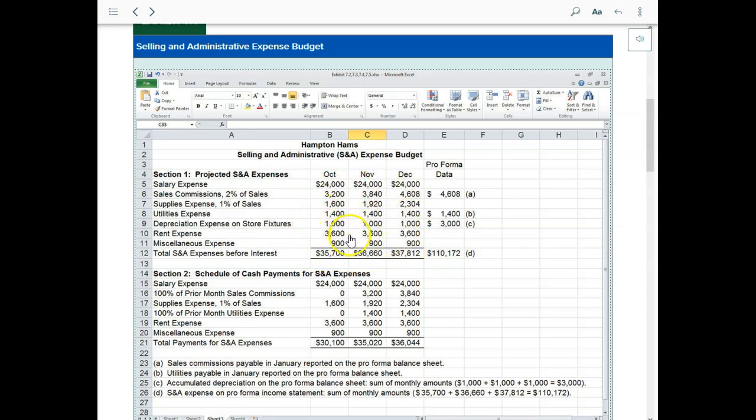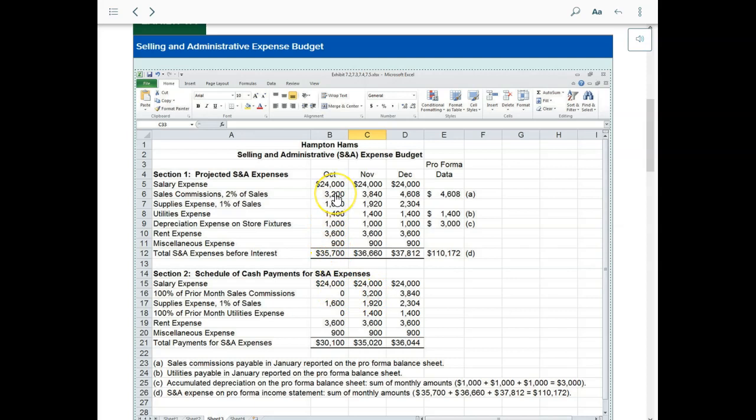This is the accrual method. Remember that from the first accounting course. This does not represent cash flow. Here is the cash flow part of the expenses. These numbers will show up in the income statement. But as to cash flow, we need to go through and figure out what are we paying each month. So they're going to pay the salary in cash each month. But look at commissions.